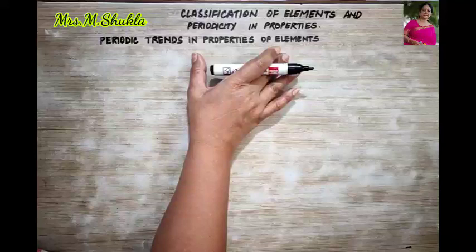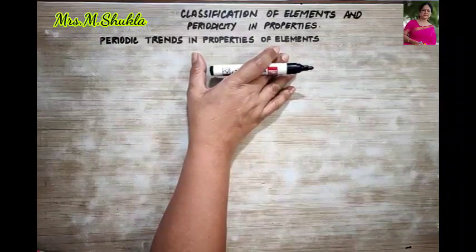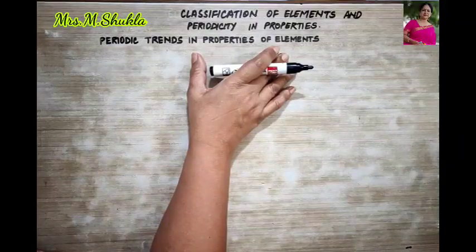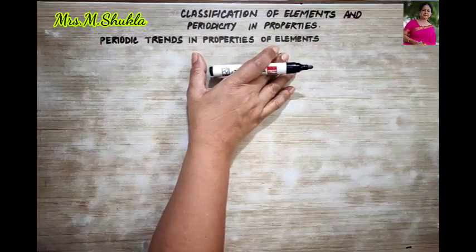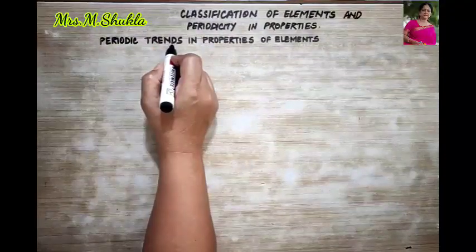Today in this classification of elements, we are going to study the periodic trends in the properties of the elements. So firstly we should understand what we mean by periodic trends.